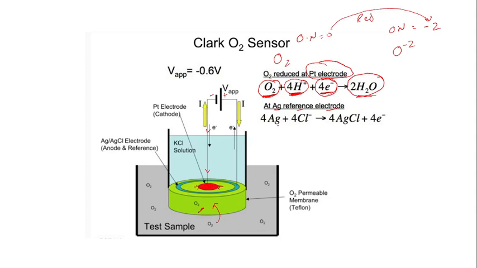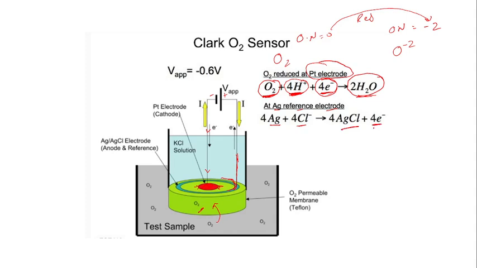So what will happen? The Ag electrode is this ring electrode. This ring is made of Ag. So Ag plus 4 Cl minus, which comes from the electrolyte, will react with silver, and silver chloride will be formed plus 4 electrons.